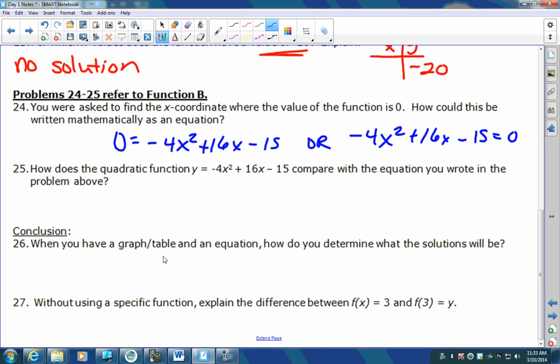In conclusion, when you have a graph or a table and an equation, how do you determine what the solutions will be? You determine the solutions by what the equation is set equal to.